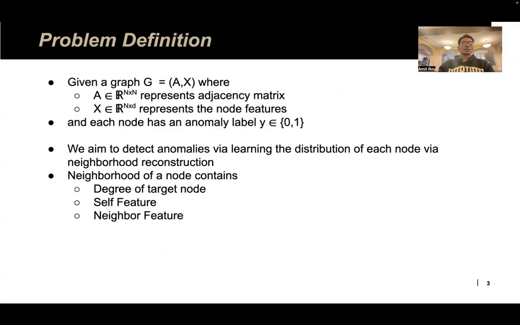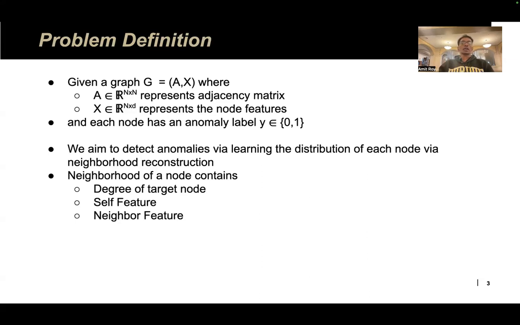So first, let me define the problem, graph anomaly detection. Given a graph G, it can be represented by an adjacency matrix A, n by n, and feature matrix X, and each node will have an anomaly label 0 or 1. This problem of graph anomaly detection or node anomaly detection is different from node level classification because anomalies are those entities that have low likelihood to appear in a particular distribution.